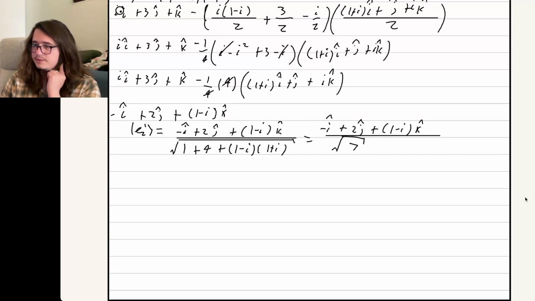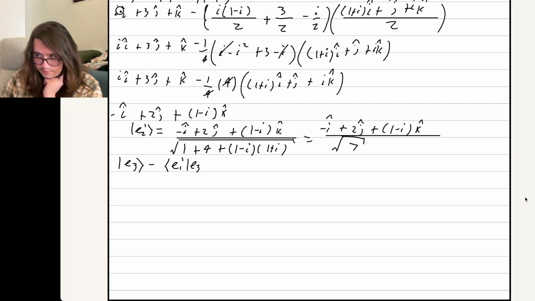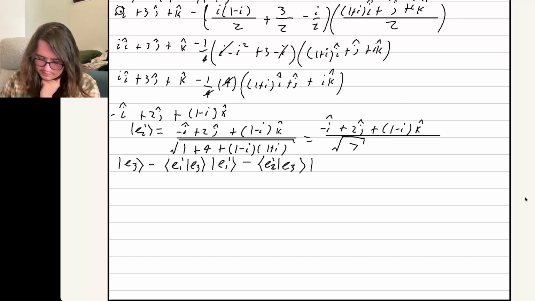The next step is to take the E3 basis vector and subtract off the projection of E3 onto E1, which is going to look like this, and also subtract off the projection of E3 onto E2, which is going to look like this.